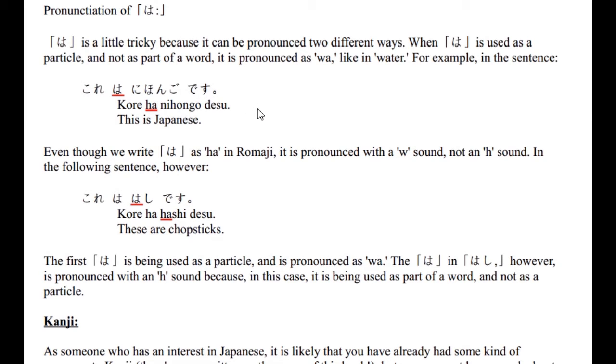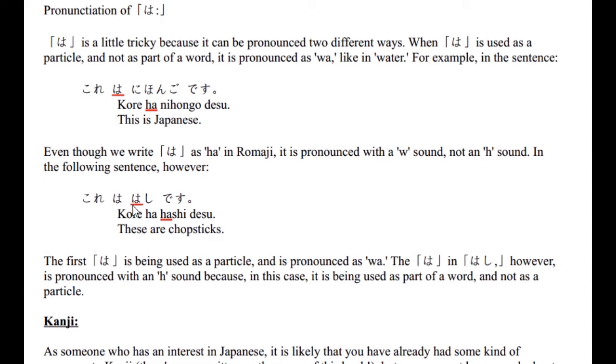So to make it a little more clear, I have another example here. We have kore wa hashi desu. So here we have a word, hashi, or chopsticks, where we have the ha character. And please notice that we read it as ha, because here it's being used as a part of a word, but here we have the same character, but we read it as wa, because it's being used as a particle.